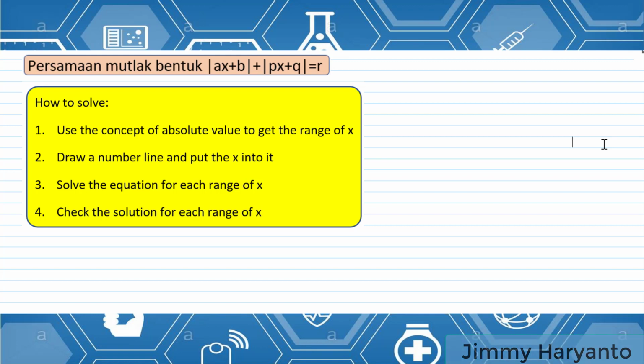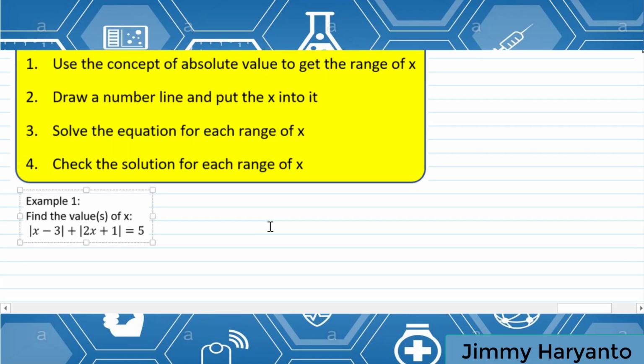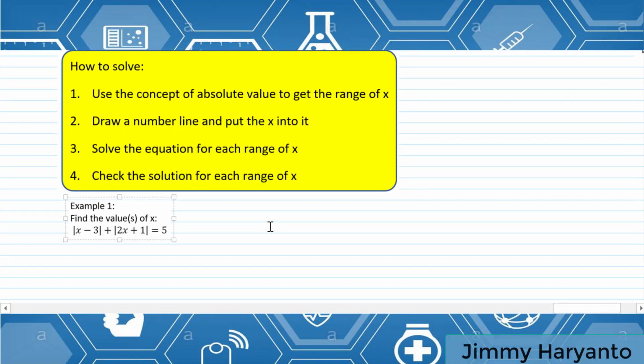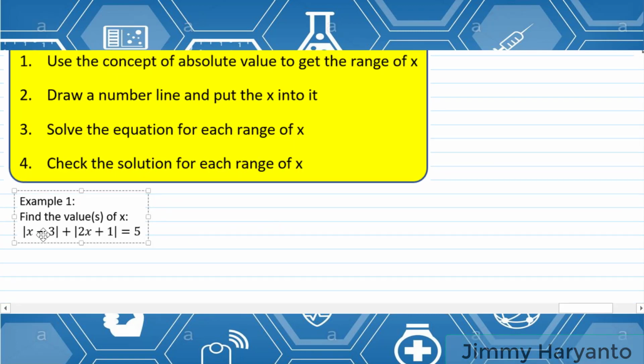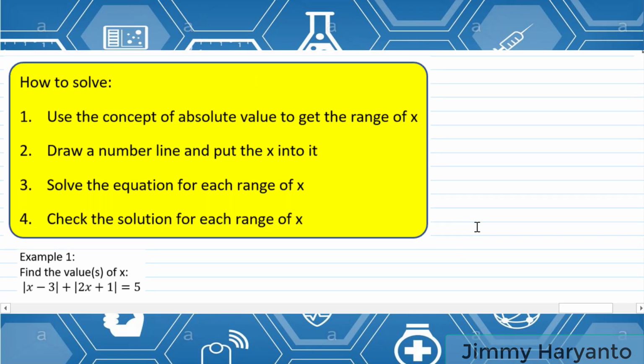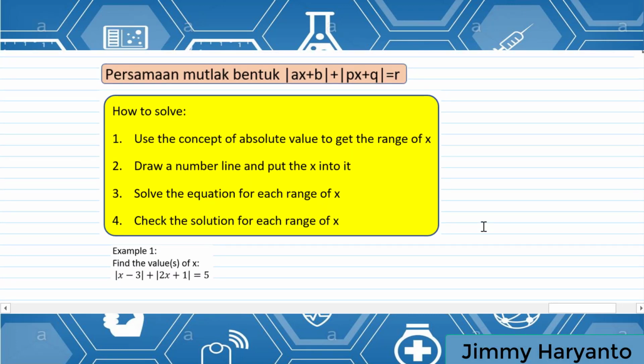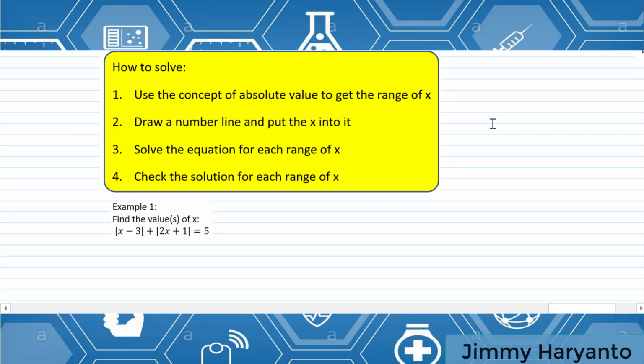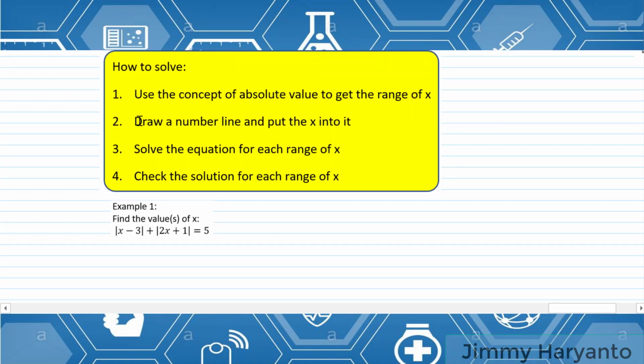As usual, you will not get this until I explain it to you by using example 1. Example 1: find the value of x of this equation. This equation is already the same as the title, so we have to follow the steps from number 1 till 4.